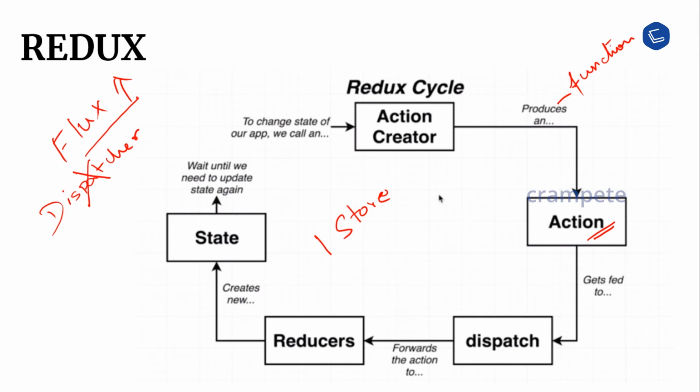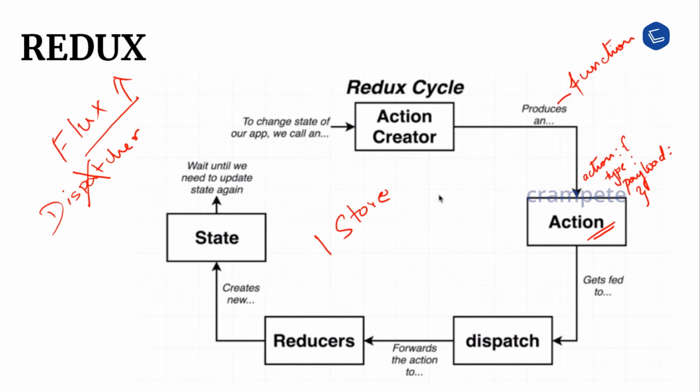For example, an action will look like this, with the two required parameters, type and payload.